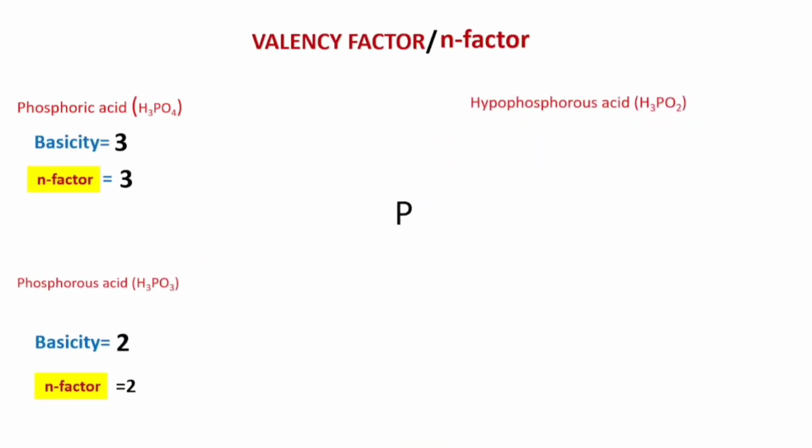Next, hypophosphorus acid. In the molecular structure of hypophosphorus acid, we see that 2 hydrogen atoms are directly bonded to the central phosphorus atom, so they are not replaceable. Only the hydrogen atom bonded to the oxygen is displaced in aqueous solution, furnishing hypophosphite anion and hydrogen cation.